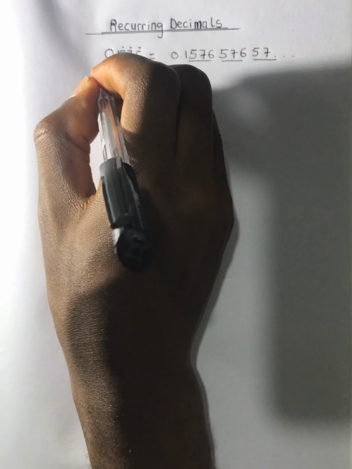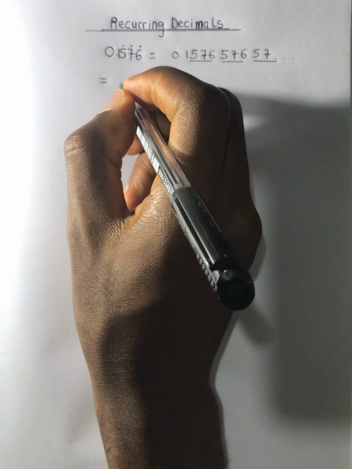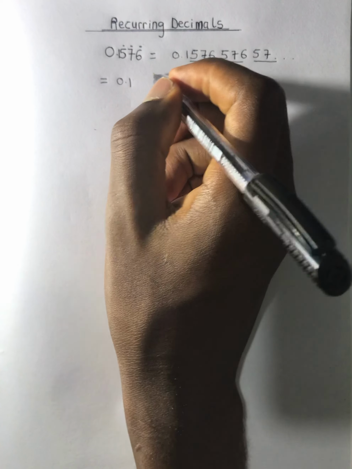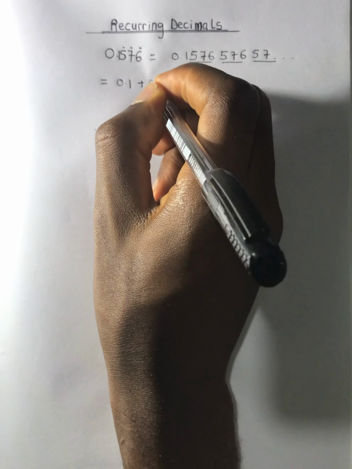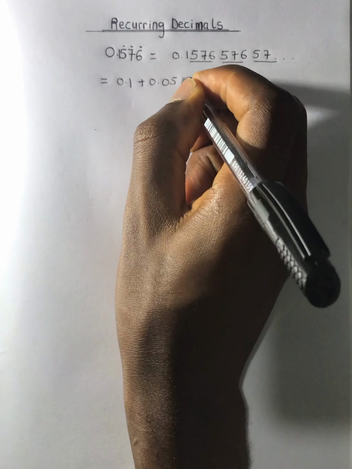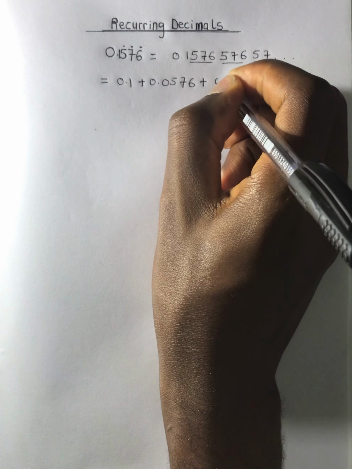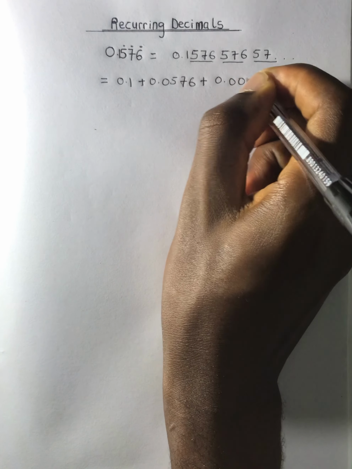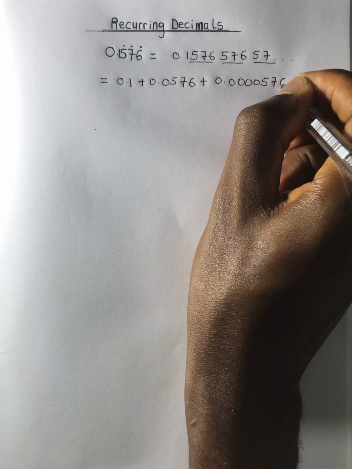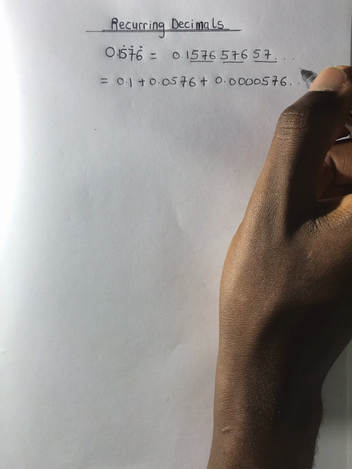So we can also express this as a sum, and by doing so we get 0.1 plus 0.0576 plus 0.0000576, and this also goes on and on and on.